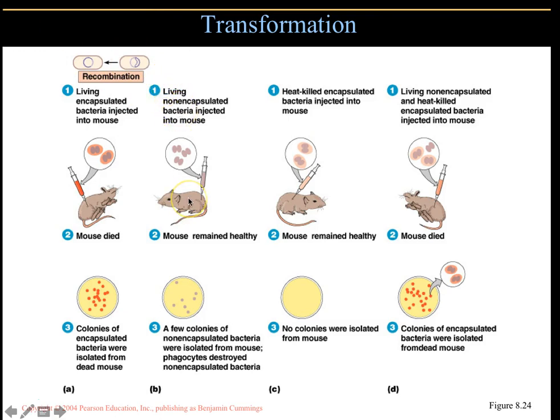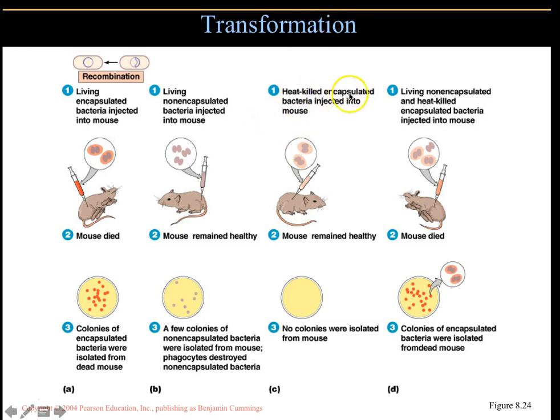Then they're going to take a mouse and inject it with non-encapsulated bacteria, and they tend to be non-pathogenic, so mousey is fine. Then they're going to heat kill the encapsulated bacteria. And I will refer back to what actually happens because it doesn't seem too logical.